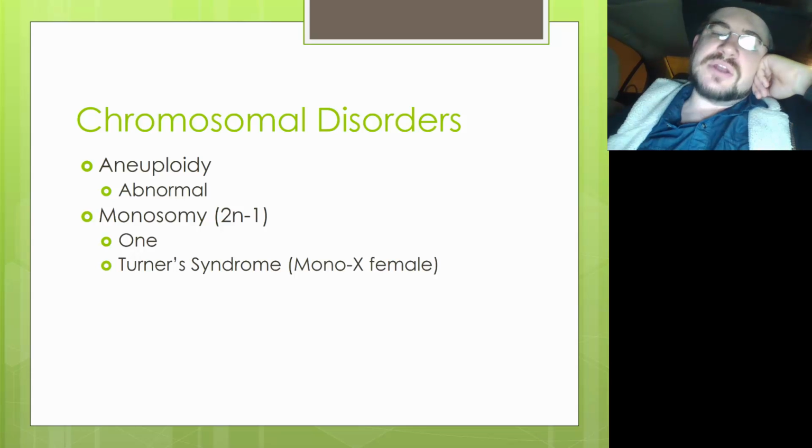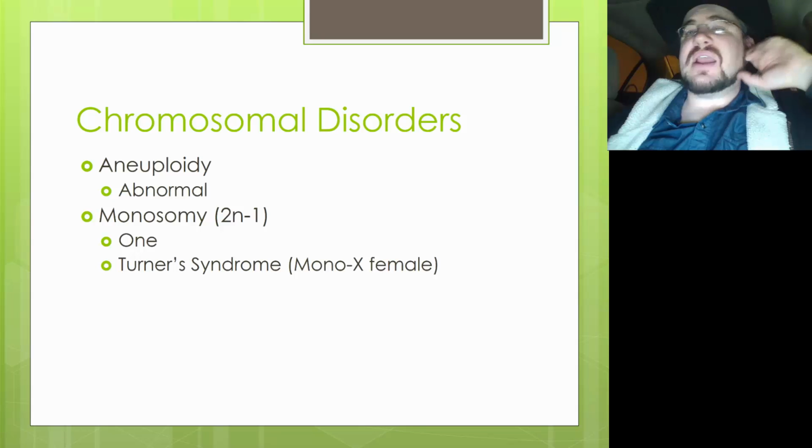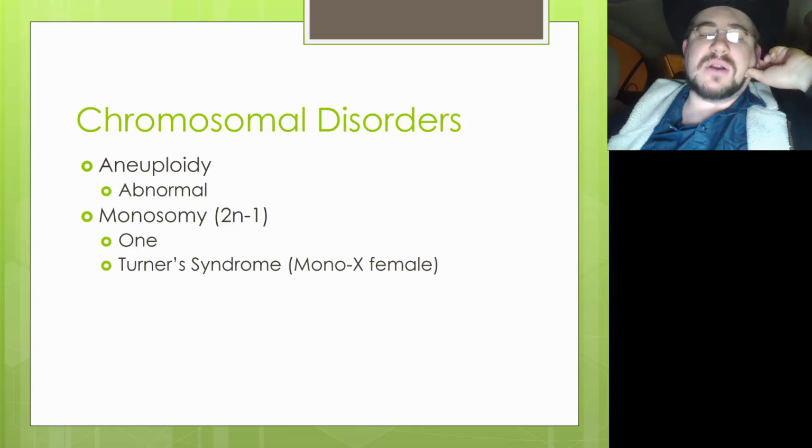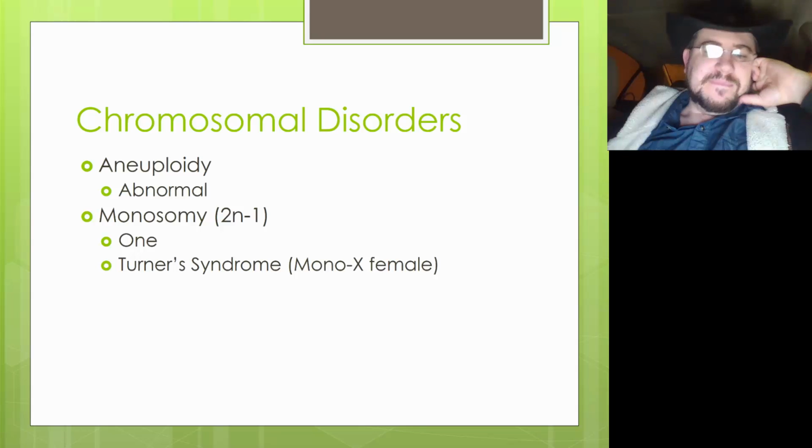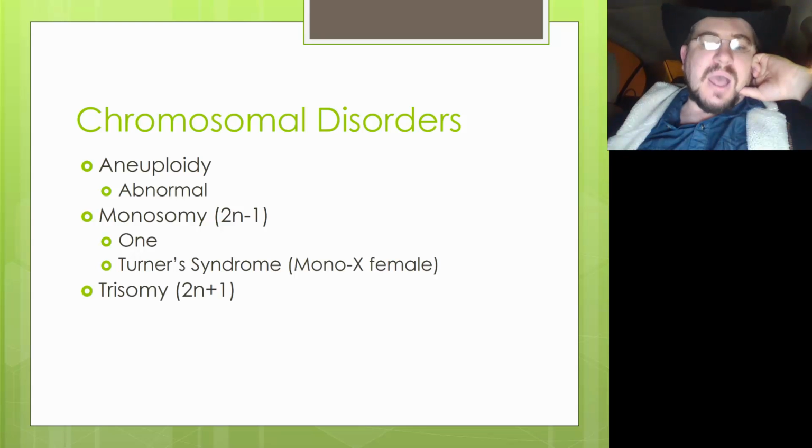Without that second X chromosome, for some reason, a woman doesn't develop through puberty very well. There are some other physiological symptoms associated with it, but a lot of it is a failure to go through puberty physiologically, in terms of sex differentiation. So anyway, Turner syndrome.